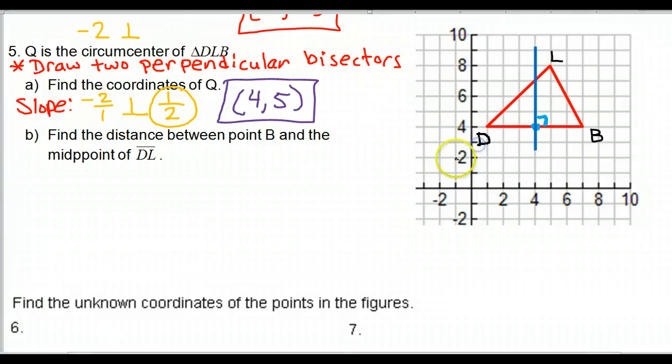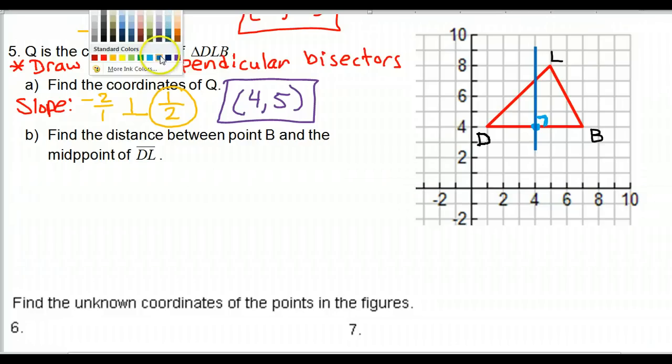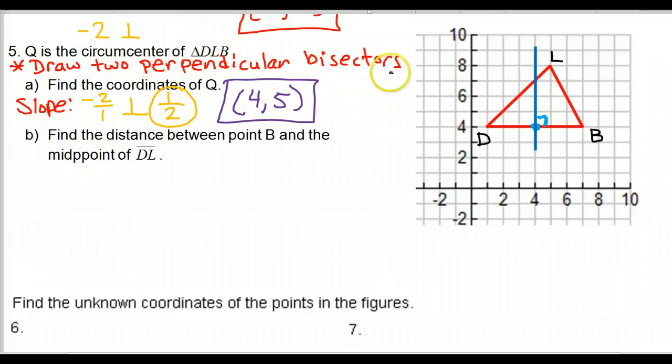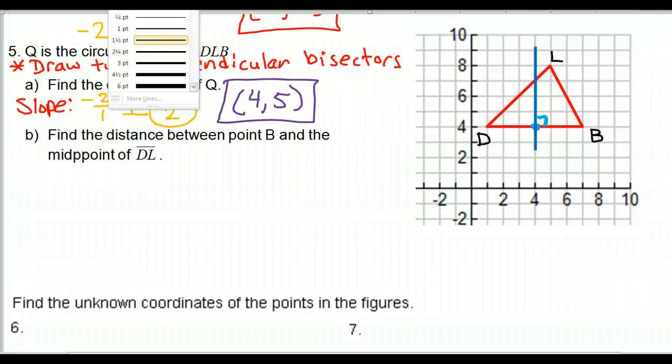Erased my D. Okay. I'm going to find the perpendicular bisector of side DL now. Feel free to pause the recording. If I were you, I would pause and try to find the perpendicular bisector of DL myself. If you're just copying off of me the whole time, you're not really learning anything.